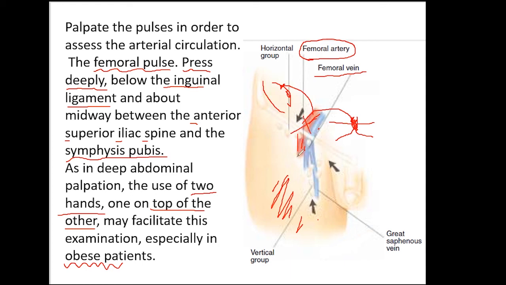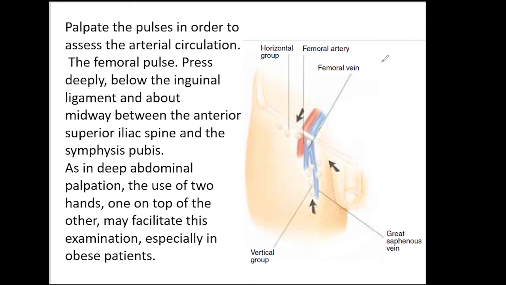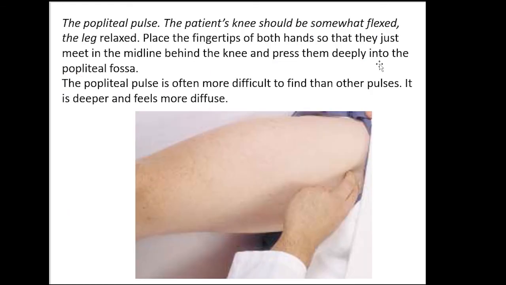Blocking here causes severe problems. So if you don't find it, maybe you are just not deep enough, or maybe you are not in the right location, but you should find this pulse. It's a pretty big pulse in there.